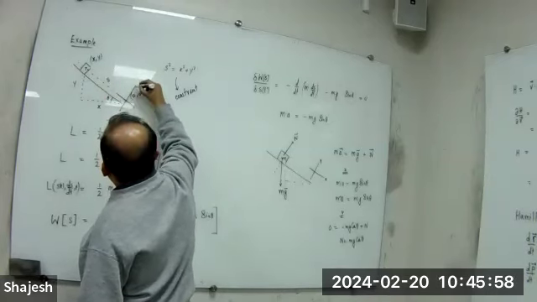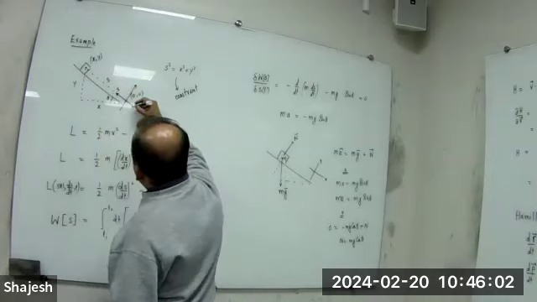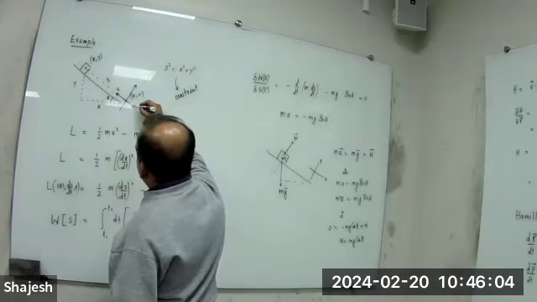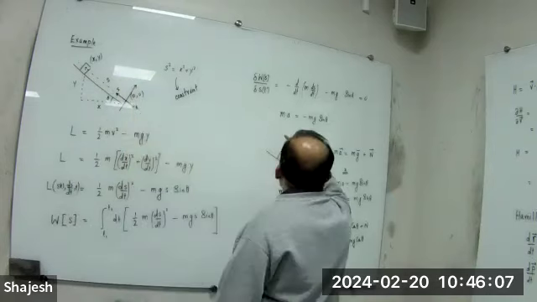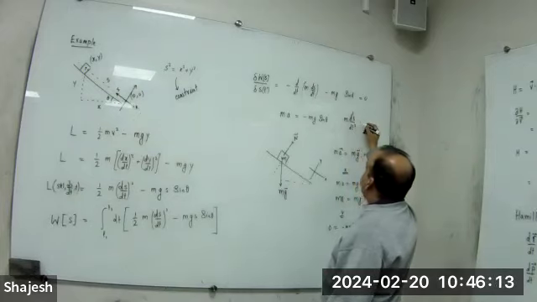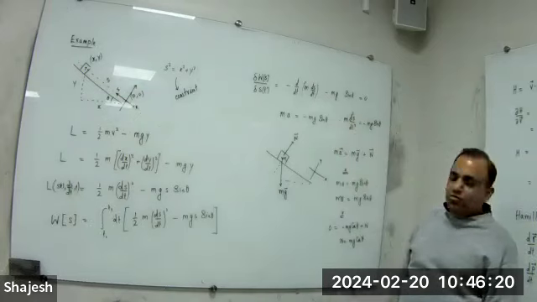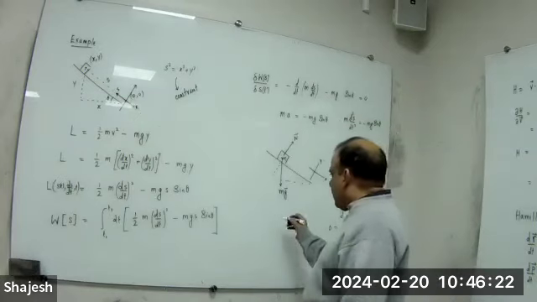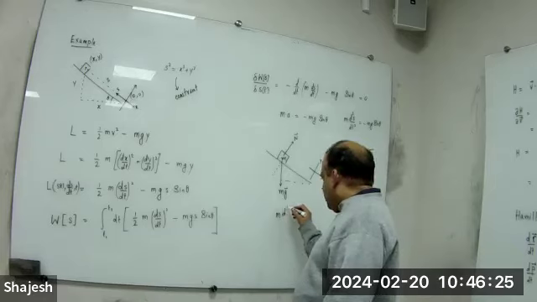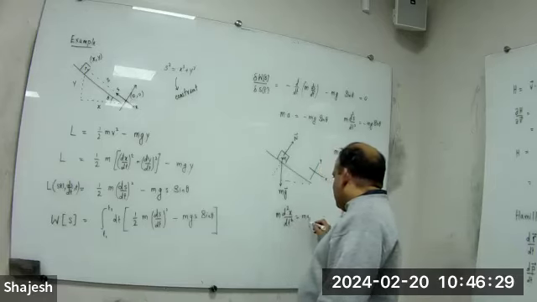That's my S. But X, this is written in terms of X, right? So this equation is basically mass times the second derivative of S over dt square is equal to minus mg sin theta. Right, when I say acceleration is second derivative of S, here when I say acceleration, it is m d square x over dt square is equal to mg sin theta.